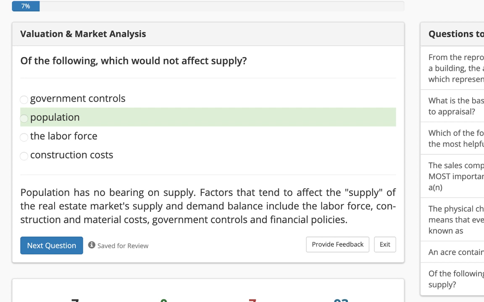So, another thing that we talk about in valuation is GDP, right? The gross domestic product. Supply and demand of goods and materials greatly affects GDP. So, if you're a richer country, you're going to have a greater supply. You're going to be able to produce more goods and materials, which can be sold.